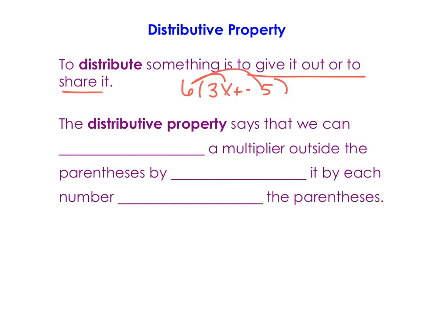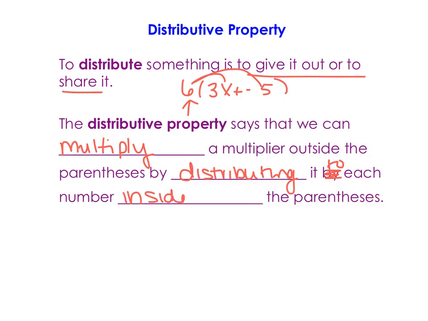The distributive property says that we can multiply a multiplier outside of the parentheses, which in this case was 6, by distributing it to each number inside of the parentheses.